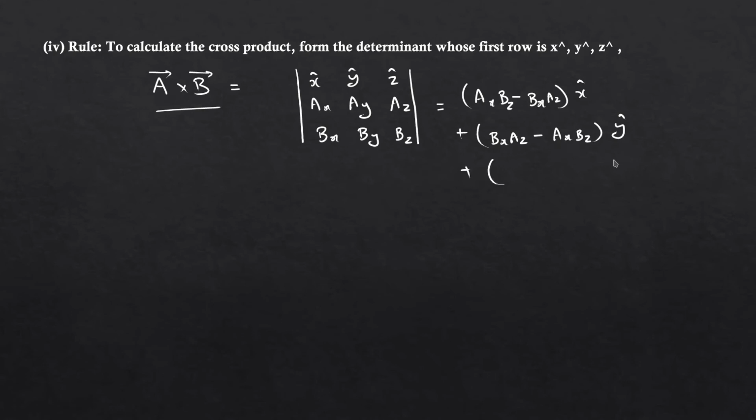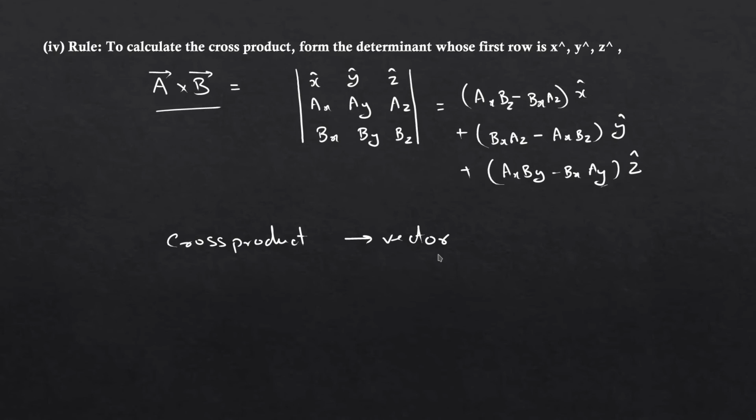Plus for the z direction, it will be ax by minus bx ay. This is the cross product of two vectors in the component form. So you see that since we have the associated x cap, y cap and z cap there, the cross product is a vector.